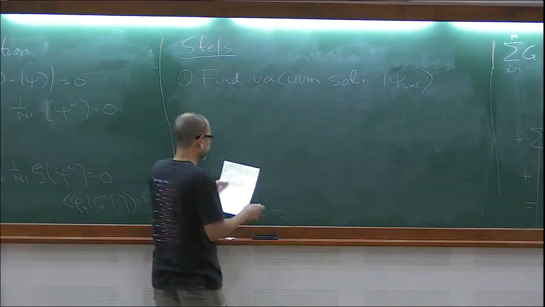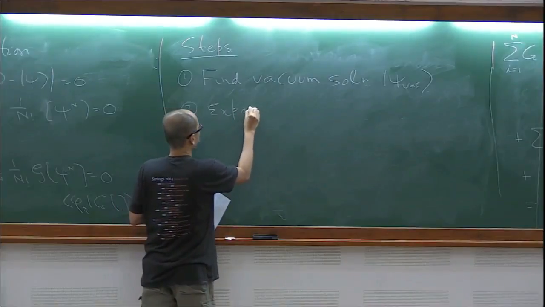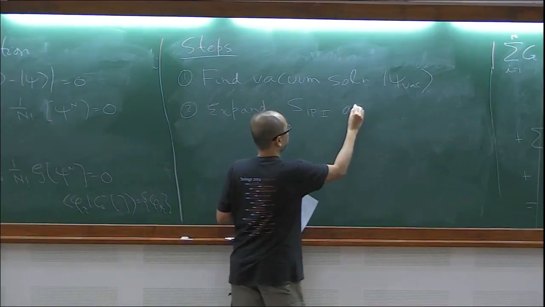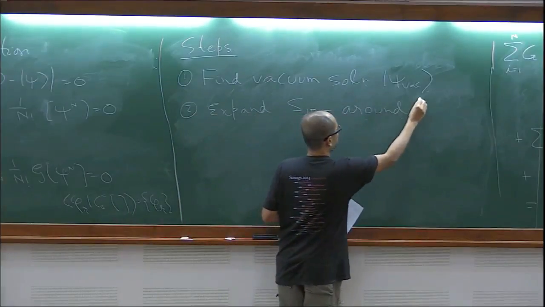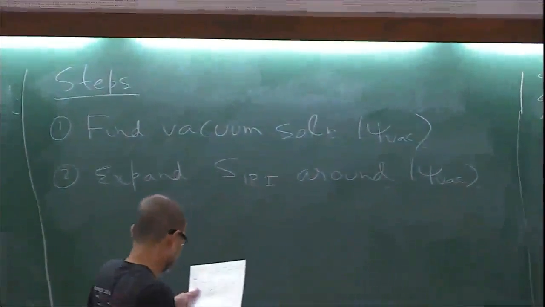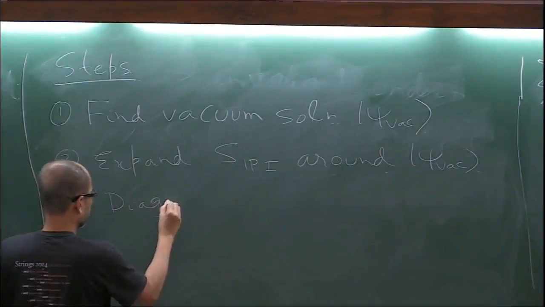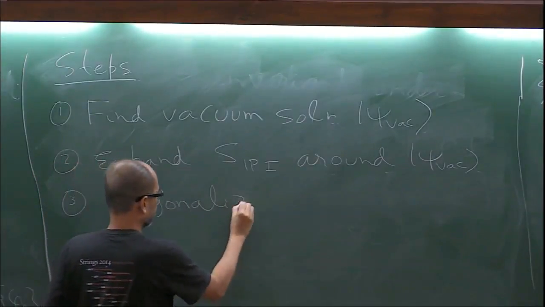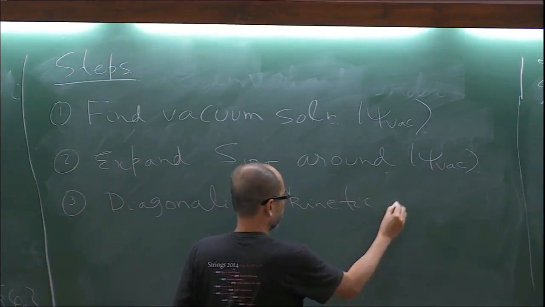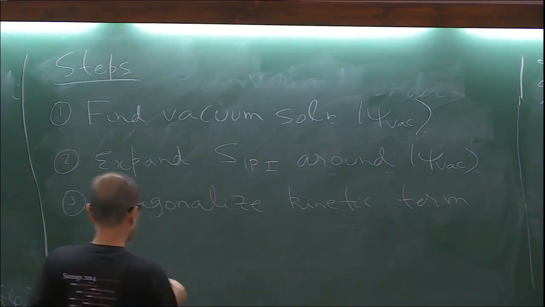Then we have to expand S1PI around the vacuum solution. Then we diagonalize the kinetic term to find renormalized masses.